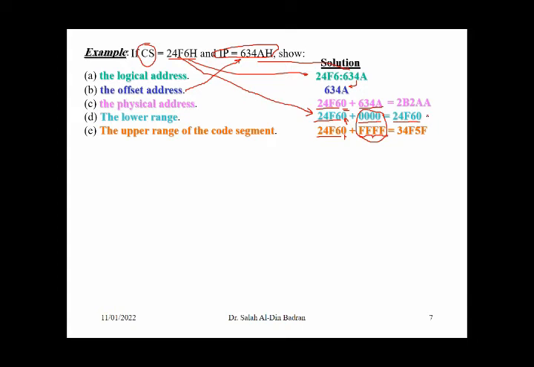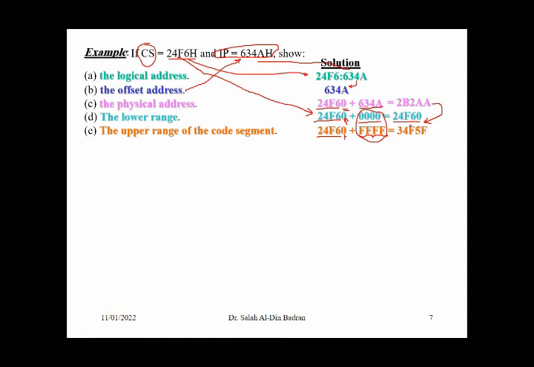Why do we need to find them? To find the address. The address resides inside these two numbers, inside the 64 kilobyte, somewhere between the lower one, 24F60, and the upper range, 34F5F.